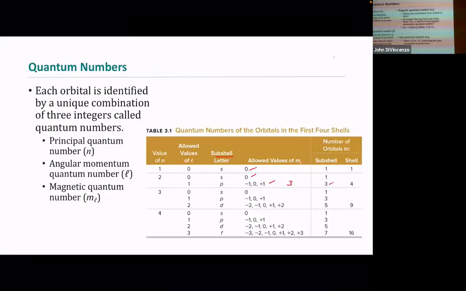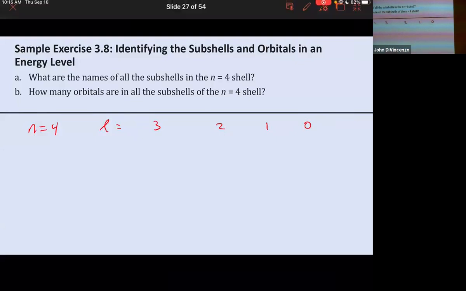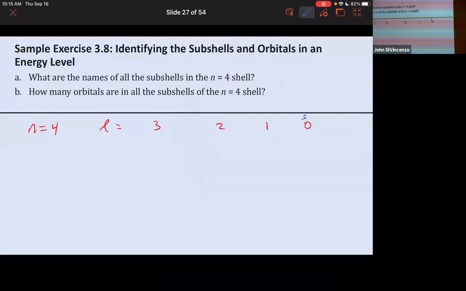Okay, you can do this, right? 3, 2, 1, and 0. That's where we're at. So effectively, you've got your S, P, D, and F. Those are, for the 4th energy level, the case.